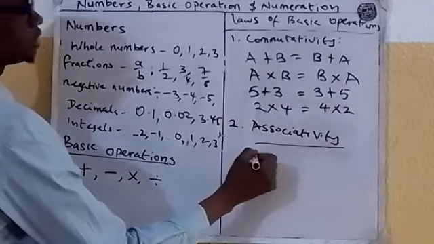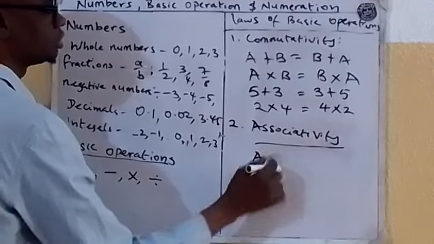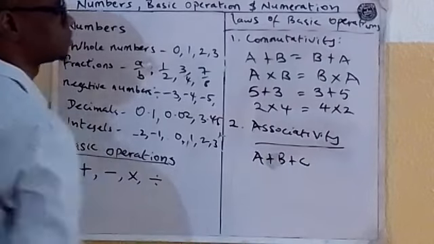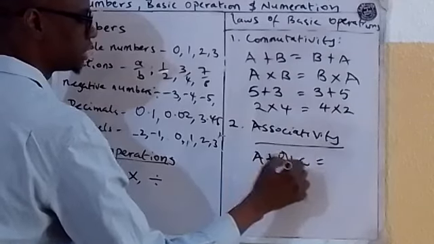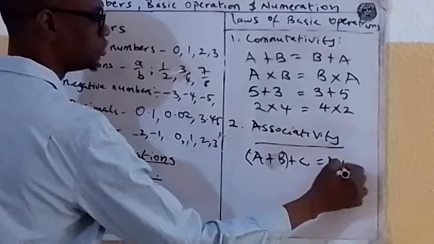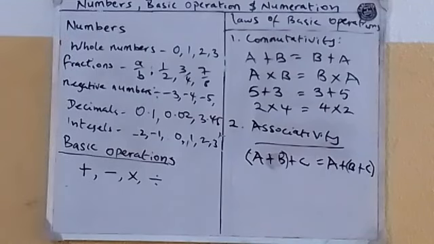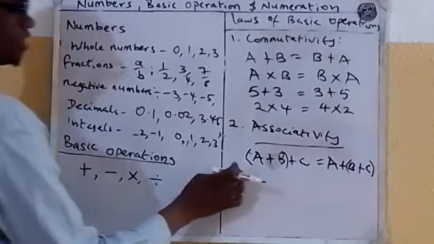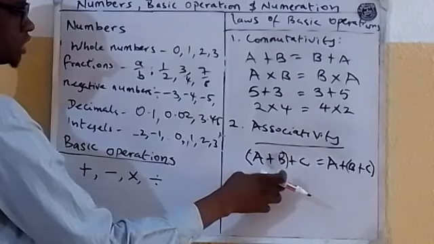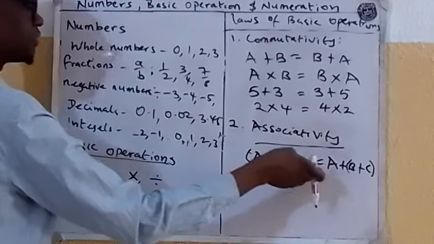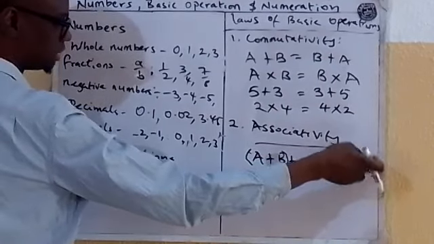If I have A plus B plus C, and I put a bracket around the first two, it's the same thing as putting a bracket around the last two. So if I have three terms or more, I can associate the first two terms, do the operation on them, and carry on to finish up, or associate the last two terms, by bracket.